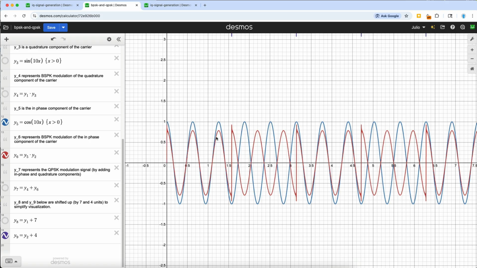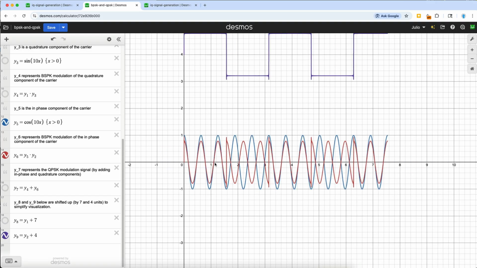But whenever it's time to switch to a 0, instead of continuing with the same phase, we immediately jump 180 degrees. Instead of continuing and growing right here, we jump and continue up there. And that is, in this case, our BPSK modulation for our cosine carrier.